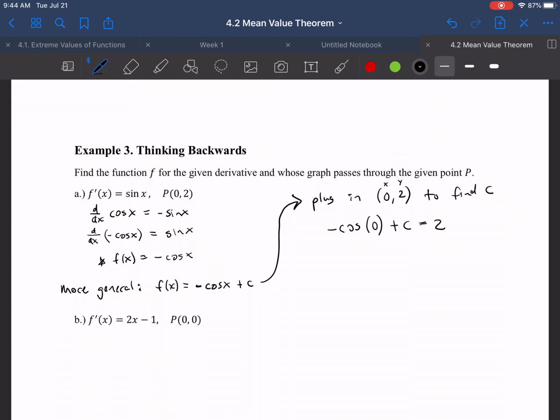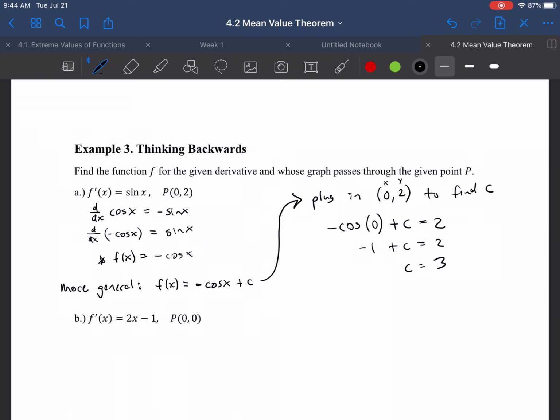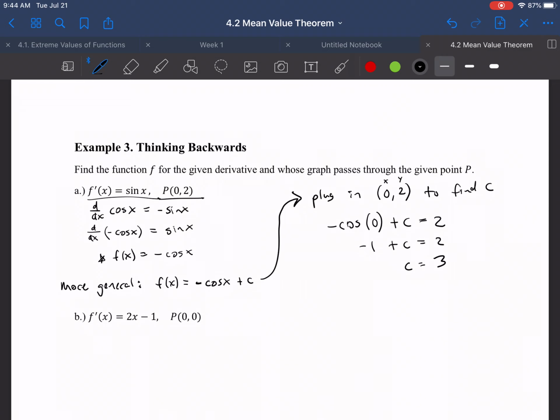That means that when we do this, we got cosine of 0, which is 1. So this is negative 1 plus c equals 2. And so c then ends up equaling 3. And so our final answer for what function gives us this derivative and passes through this point is f of x equals negative cosine of x plus 3. And there's our final answer.